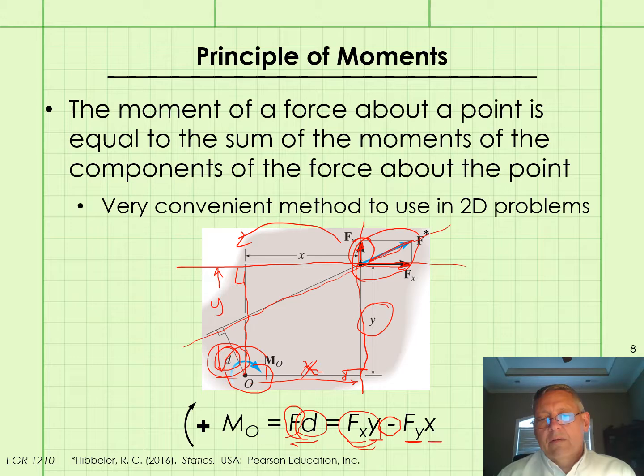But it's just the magnitude of the Y component of F times that X distance there. So all we've done here is take a single force F, break it down into its two components, and then use basically F times D for each of those components. But again, this can save you a lot of time in some of the 2D problems.